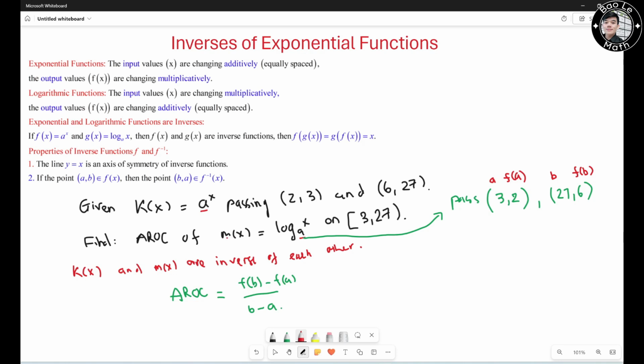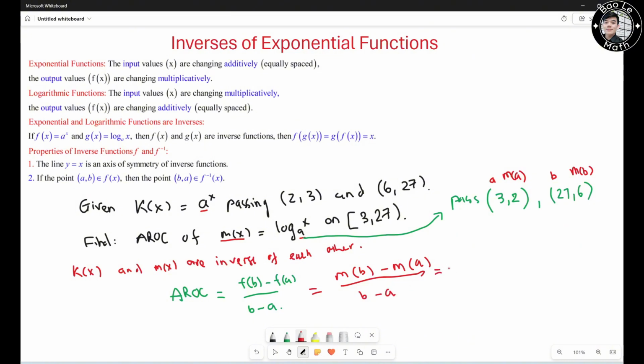In this situation, it's going to be the function m, so we just replace f with m. Keep that in mind. So we have m of b minus m of a over b minus a.